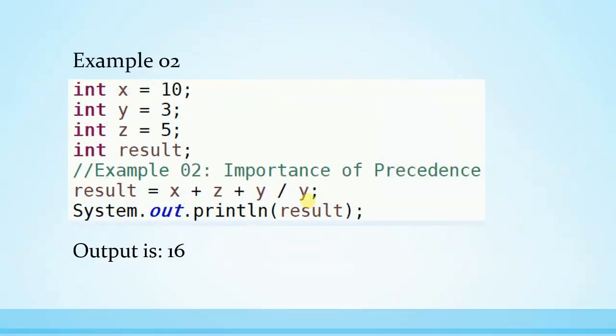Here in this case, the precedence of plus is equal, x plus z and z plus y. There are two plus operators here, they stay at equal precedence, but the division operator is one level above. That means it's at level 2.